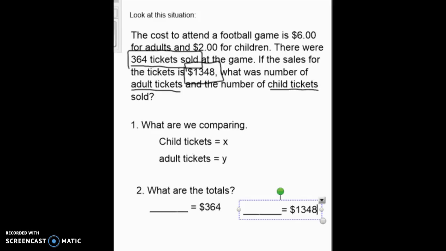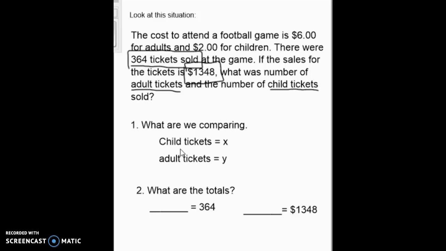Now we need to figure out what equations fit into those. And I always look back at the problem and decide which one would be the easiest to figure out, just merely by rereading. So the cost to attend a football game is $6 for adults and $2 for children. So we know there's only 2 types of tickets. Oh, I need to remove this dollar sign, because that is not representing dollars, that's representing the number of tickets. So we know that the total number of tickets is 364, and they only give us 2 ticket types.